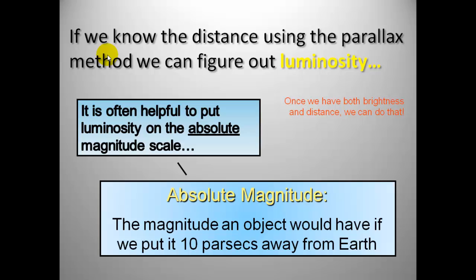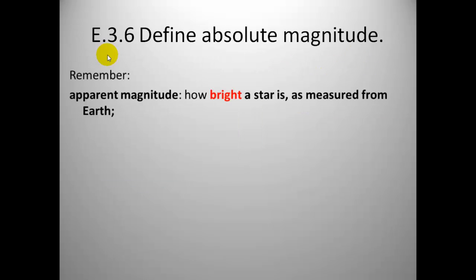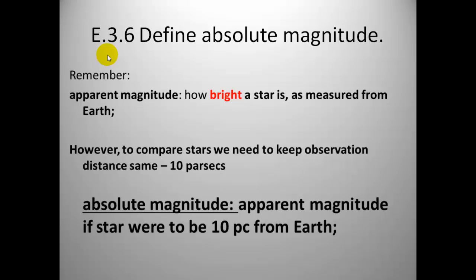The apparent magnitude is how bright a star is as measured from the Earth. To standardize all stars, let's say we're viewing them from 10 parsecs. Each star viewed from 10 parsecs would give its absolute magnitude.